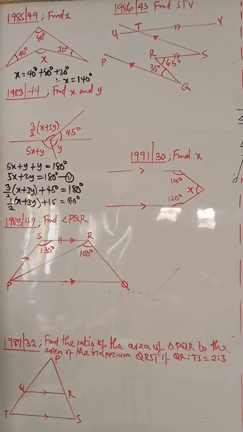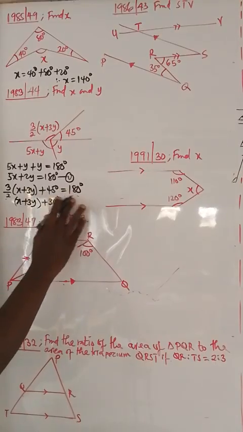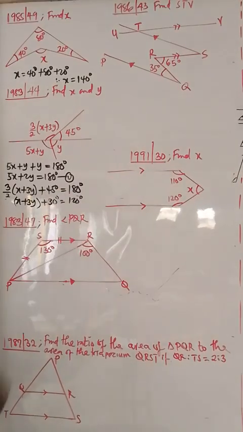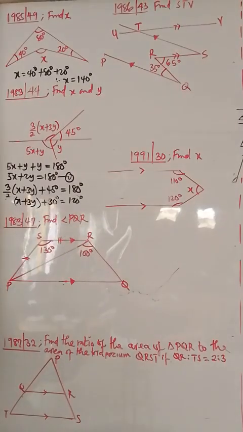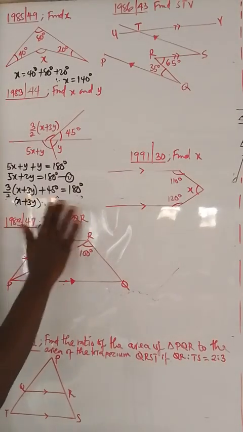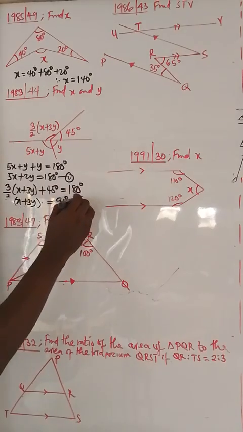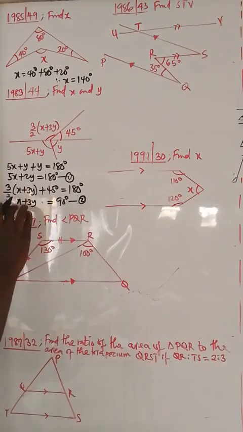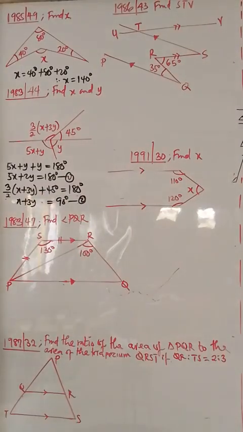If we multiply it by 2, this half will disappear. This 15 turns to 30, and this 60 turns to 120. We can bring this 30 to the other side. 120 minus 30 will give us 90. So x plus 3y directly equals what? 90. Equation 2. You can do this yourself. Equation 1, equation 2. We are looking for x and y, so you solve simultaneously, you get your answer.